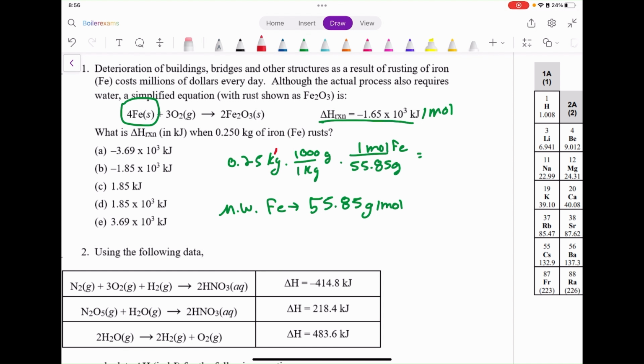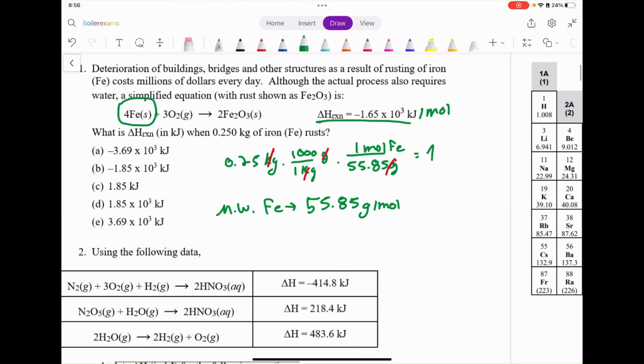If we do this, the kilograms cancel, grams cancel, and we're left with moles of iron. So we got 0.25 times 1,000 divided by 55.85. We get 4.48 moles of iron reacting.